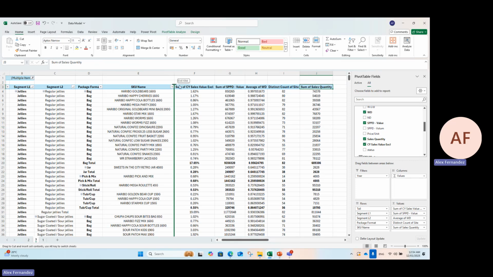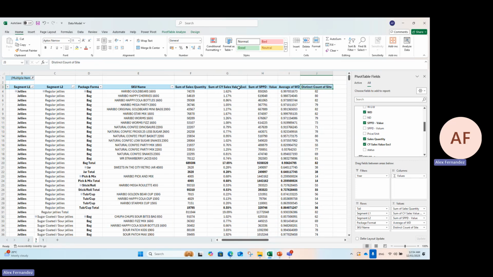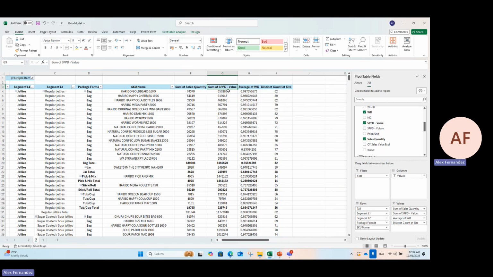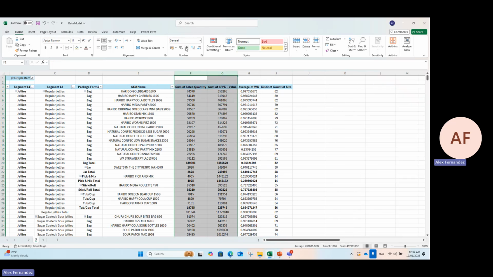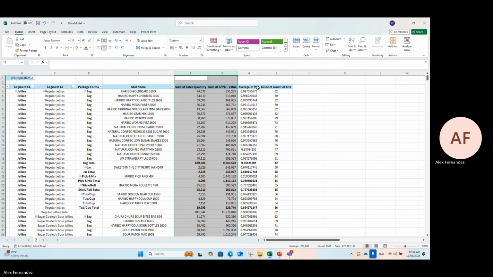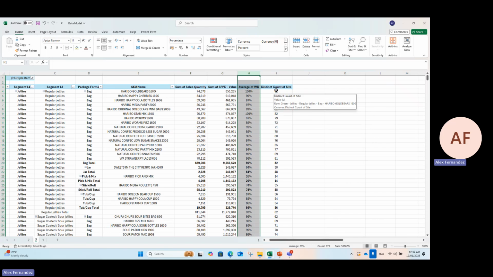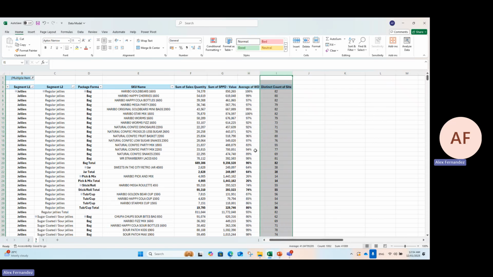I would like to look first at the sales value. The activity as average. Let's look at it as summation. Okay. Then we do percentage and count it.